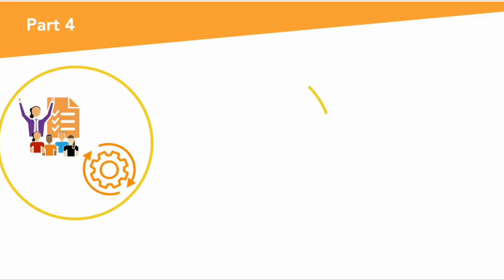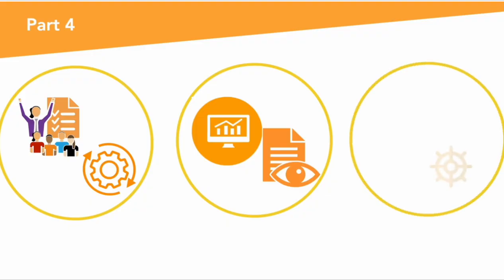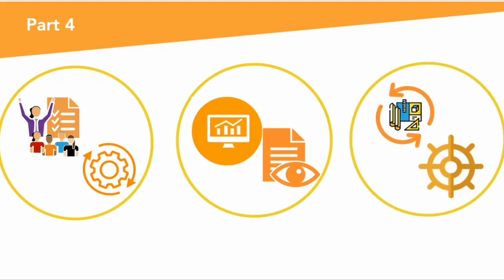So you are now conceptually in the fourth part, where you are implementing the project, controlling and monitoring it through progress reporting, earned value management if you apply it, and managing change within the project.